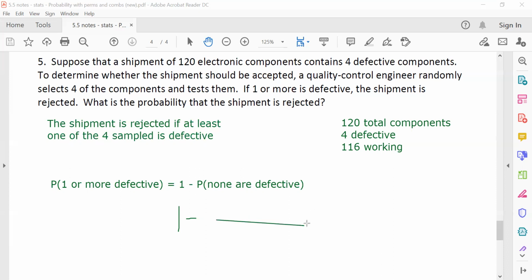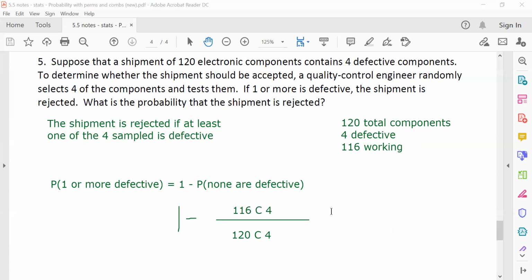We need to calculate the total number of ways I can select 4 objects out of the 120. It's going to be 120C4. That's the total number of ways I could select any 4 objects out of 120. And then I want the number of ways I can select 4 that are non-defective. Well, there's 116 that are non-defective that are working.